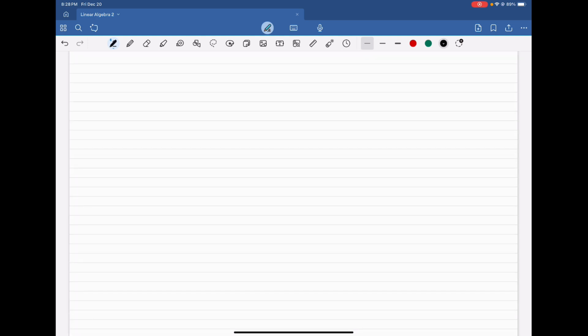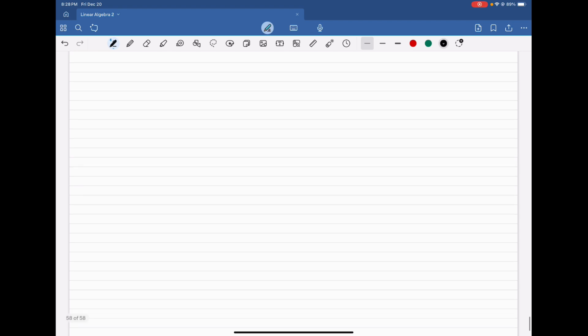Now we understood what a position vector is. Let us take 2 points P and Q in space. This is the x-axis, this is the y-axis, this is the z-axis. Let us say one point P is x1, y1, z1, and another point Q is x2, y2, z2.